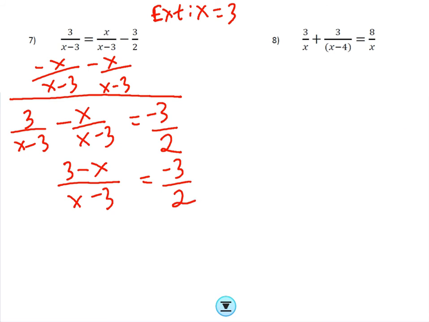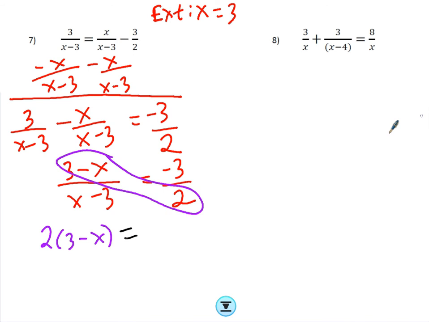Now we can cross multiply. So 2 times 3 minus x equals negative 3 times x minus 3.